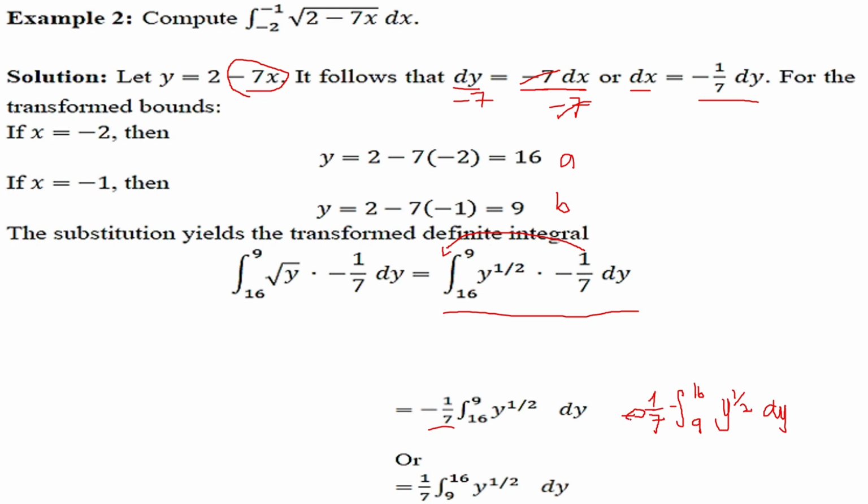Negative times negative is positive. Therefore, we have positive 1 over 7 here and 9 and 16 as bounds. Again, you should use a as lower than b.